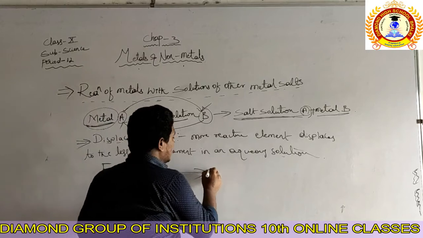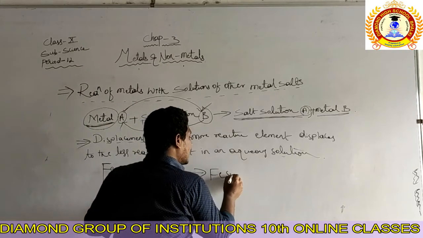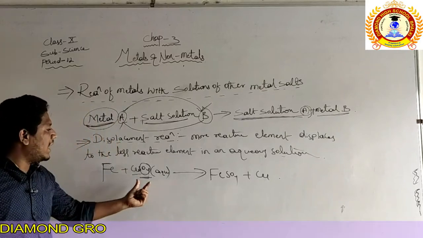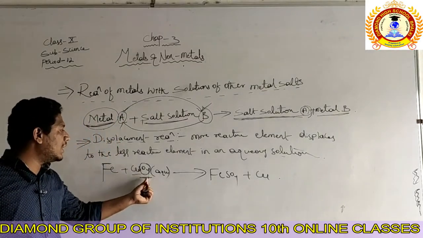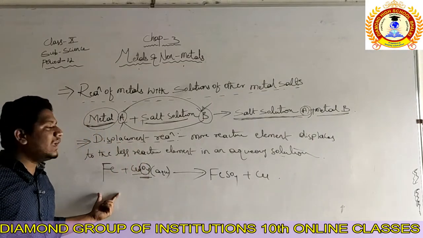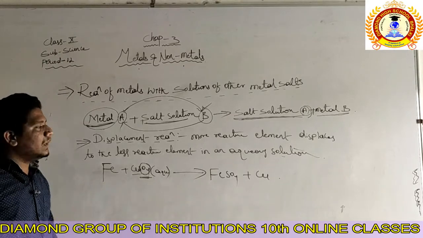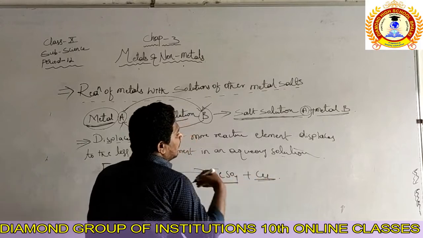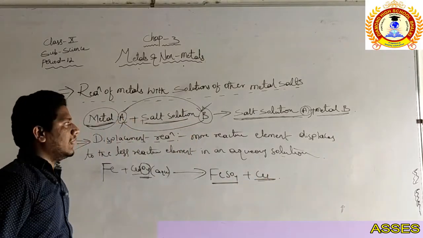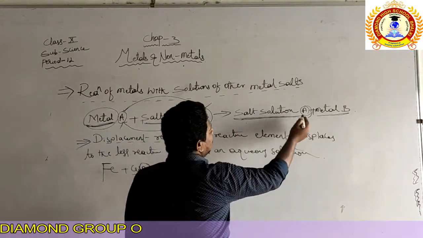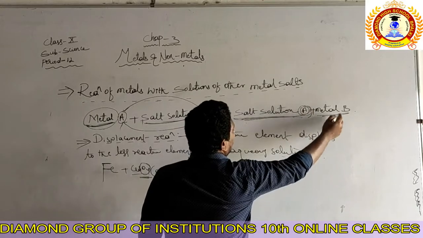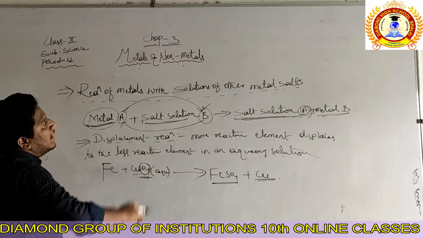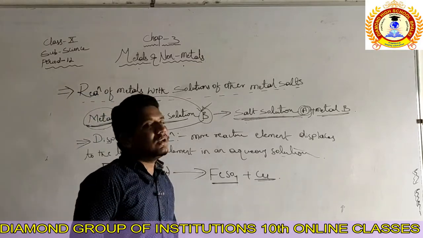It will be FeSO4 plus Cu. The iron displaces the copper in the aqueous solution, so as a result it becomes FeSO4, remaining Cu as the metal. Same thing: metal A, salt solution B gives salt solution A and metal B. This is known as the reaction of metals with the solutions of other salts.